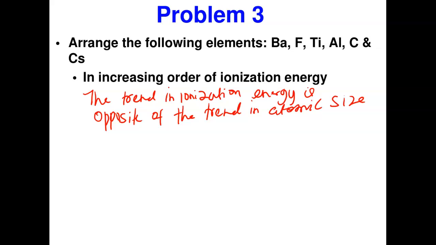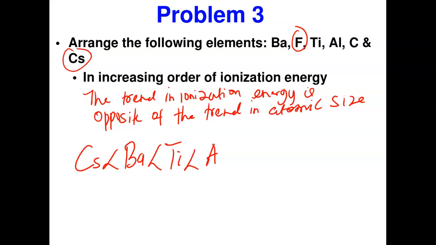And that makes sense, because the one that is going to be the largest will be the one that is the topmost and closer to the right. And that one has to be fluorine. So in this case, fluorine is going to be the biggest. And cesium, that is closest down to the left, will be the smallest. So here cesium will be less than beryllium. Beryllium will be less than titanium. Titanium is going to be less than aluminum.